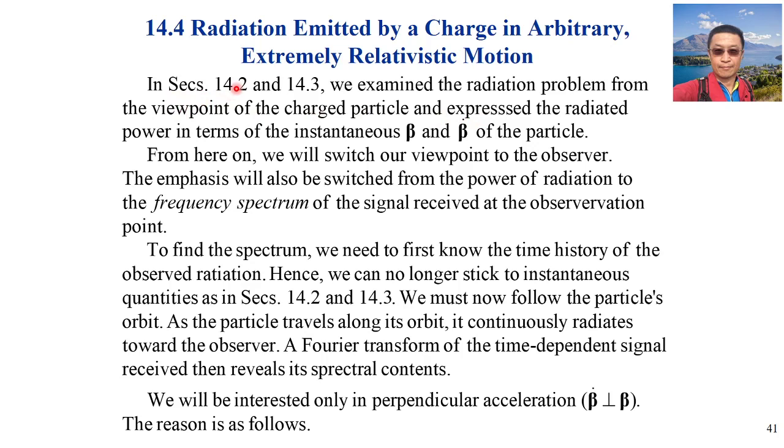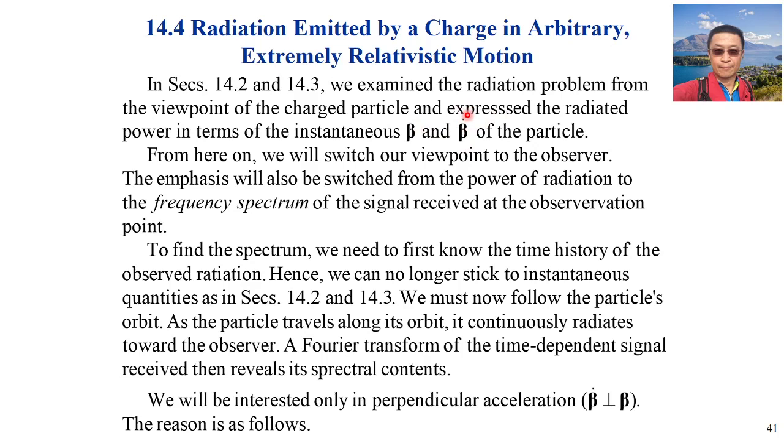In sections 14.2 and 14.3, we expressed the radiation power in terms of instantaneous beta and beta dot. Beta is the velocity divided by the speed of light. Beta dot is the acceleration divided by the speed of light.